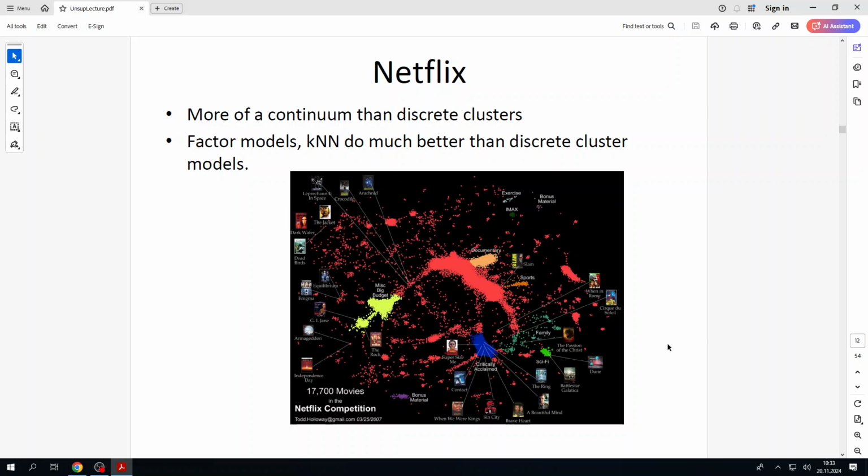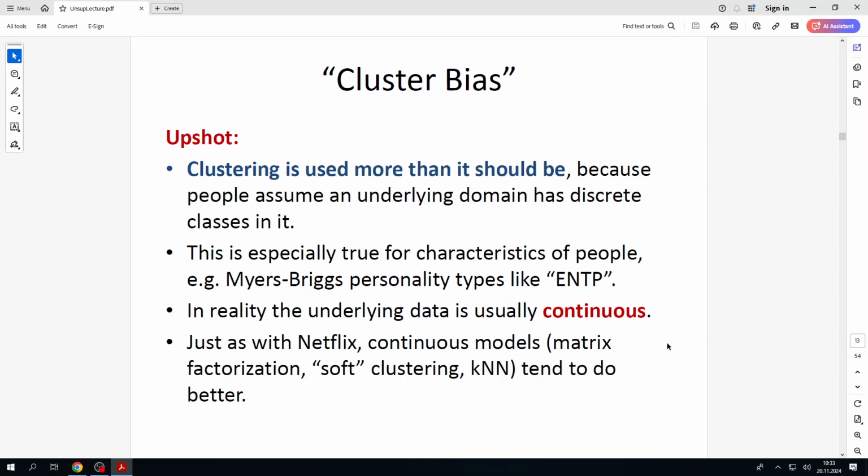But we still have to somehow make our models, we still have to consider that, and there are multiple ways for that to happen. So the main issue is that sometimes we use this clustering unnecessarily, more than it has to be done, because we consider that our data can be split into clusters. Sometimes it doesn't work and you don't understand why.